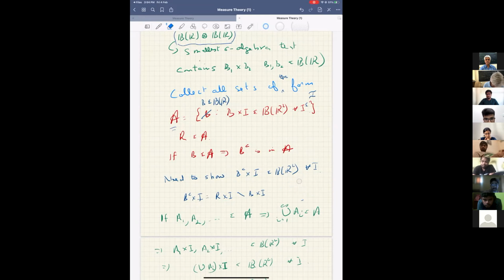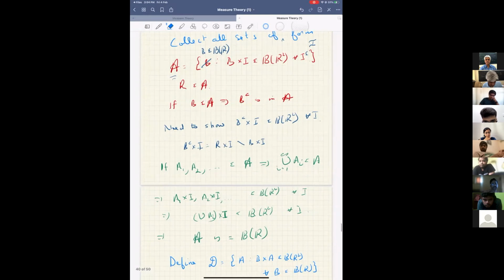Okay. Now, if A1, A2, and so on are in my calligraphic set A, then their countable union is also in my calligraphic set A. Let's get back to the definition. That means A1 cross I, A2 cross I, and so on are all in my sigma algebra, for every I. And if I take the union, that will also be in my B(R) square sigma algebra.